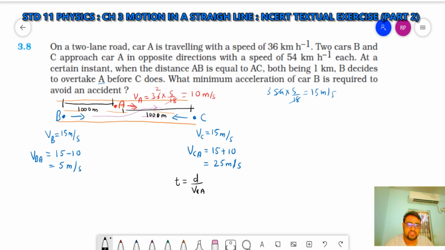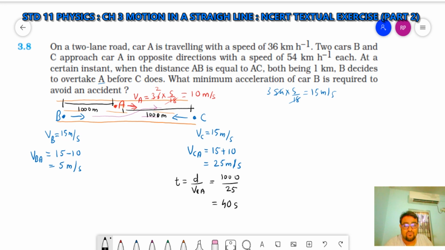So time taken by C to reach A, what is the distance? 1000. And what is the velocity of CA? 25. So this will be equal to 40 seconds. Time taken by C to reach A is 40 seconds. So 40 seconds is the maximum time that B is having to overtake.